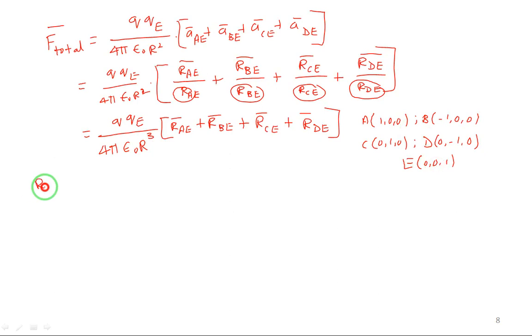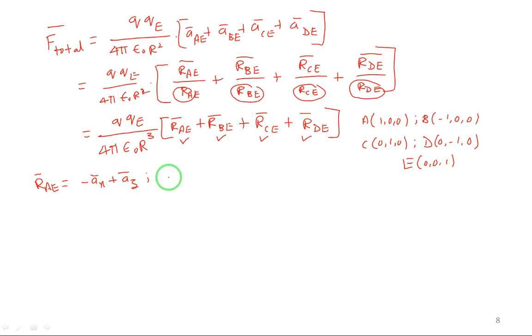Yes. First we'll calculate RAE, because I require RAE, RBE, RCE, RDE, the distance vectors. What is RAE? A to E means 0 minus 1, minus AX, 0 minus 0 is 0, 1 minus 0 is 1, that is AZ.